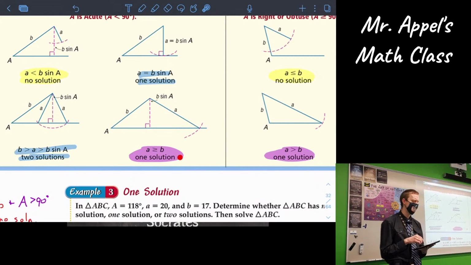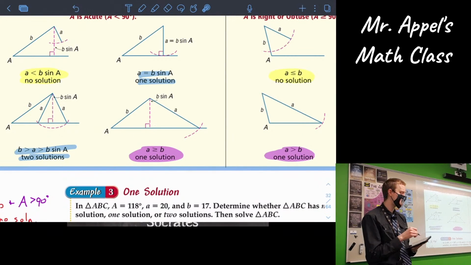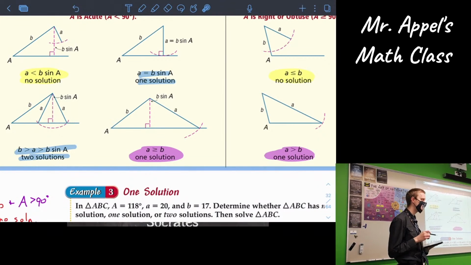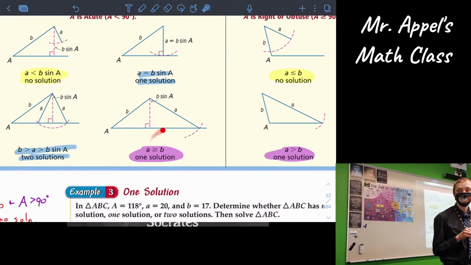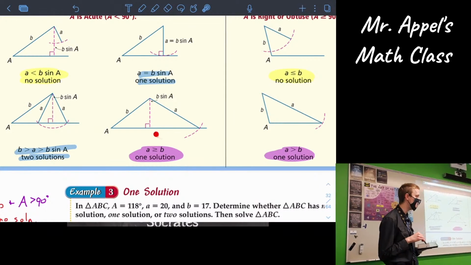And I tried to say, hey, this shortcut works on both sides. The other shortcut does not work on both sides. I didn't read all the way. This is A less than B sine A, not just less than B. So check for the obtuse no solution first, because that's easy to spot. Check for the definitely only one solution next, because that's a little bit easier to spot.